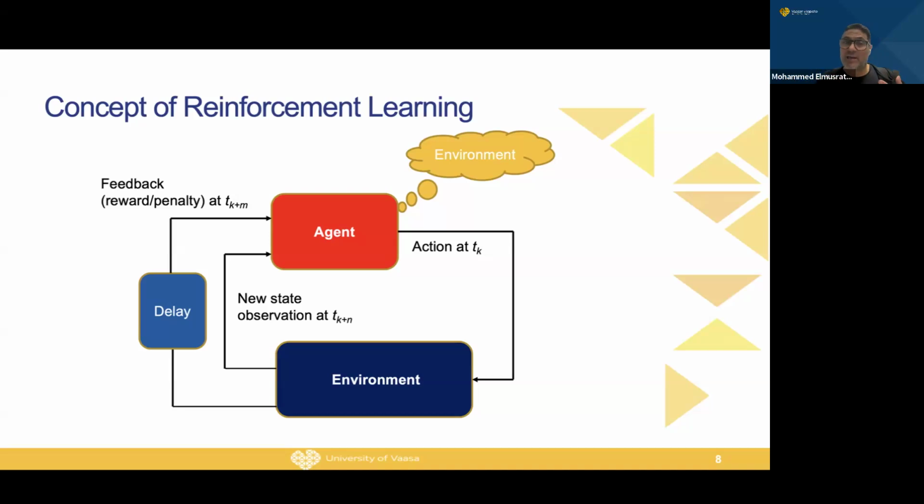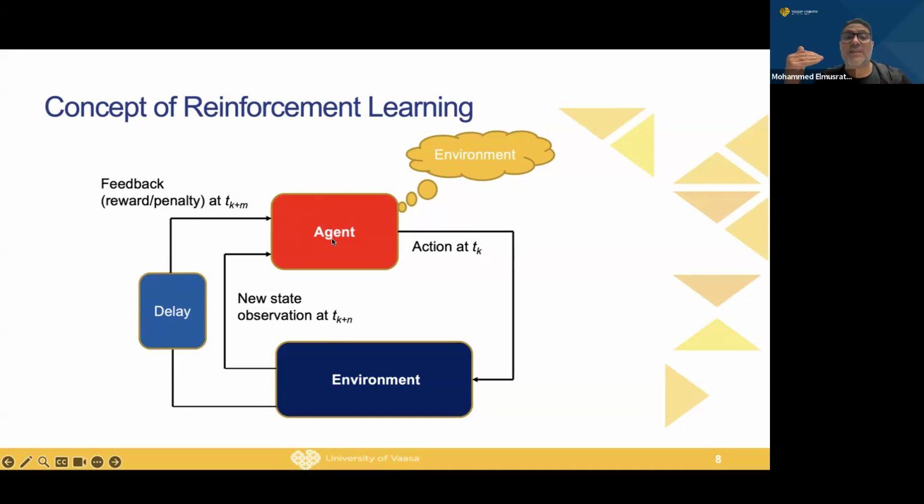So I'm trying to summarize and briefly explain reinforcement learning. As you can see here, there is the environment, and the reward or feedback, whether reward, punishment or penalty, in many cases takes time before it comes to the agent.